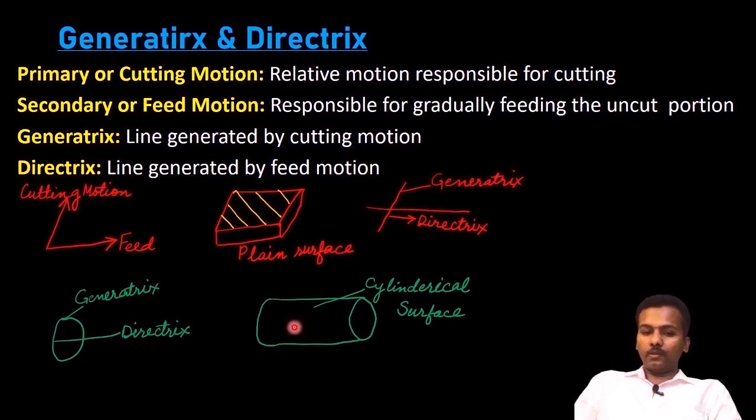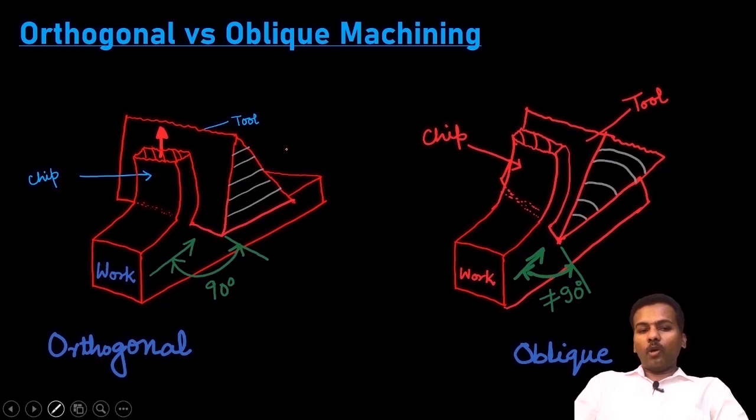Just like in the turning operation. When we talk about the machining process, there are two different categories of machining: orthogonal machining and oblique machining. In orthogonal machining, this is the tool, and this is the cutting tool edge.